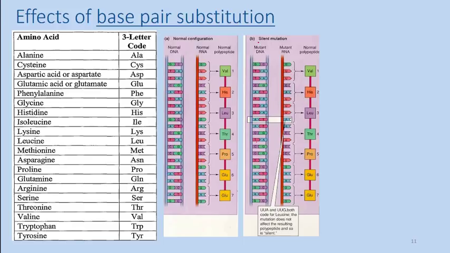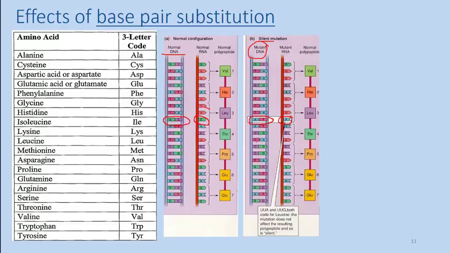in a silent mutation, we have, in this mutant DNA compared to normal, the substitution of adenine and thymine. And so you can see the change here, substituted for guanine and cytosine. And so the mRNA copy then is going to consist of adenine rather than guanine.